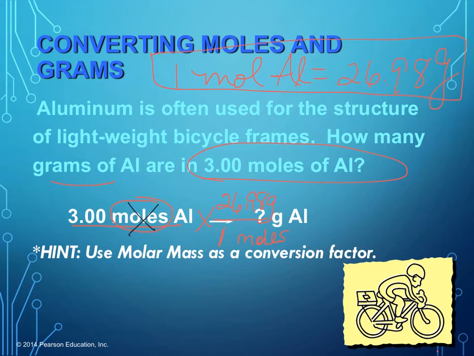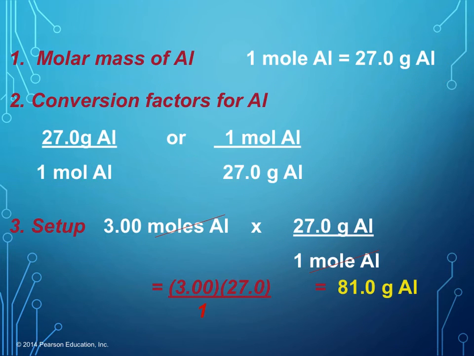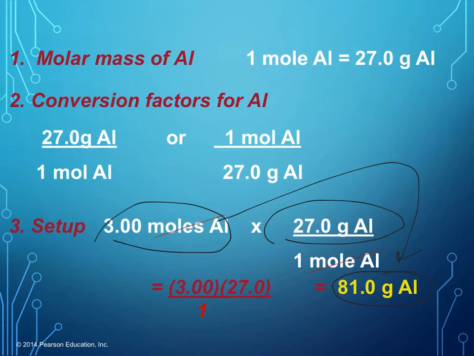Moles now cancels out on the diagonal, and because we started with the unit moles, it is a multiplication problem, so it's simply 3 times 26.98. I rounded here, 3 times 27 equals 81 grams. And what that tells us then is that 3 moles of aluminum has a mass of 81 grams.